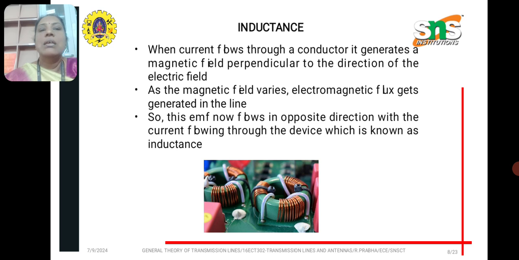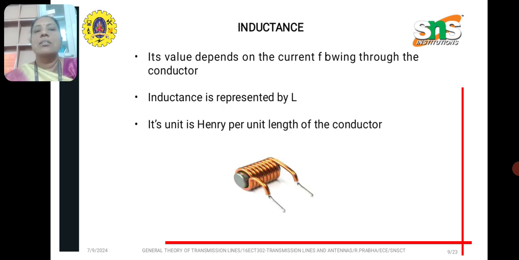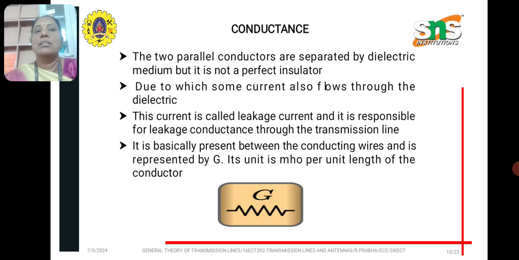So this EMF now flows in opposite direction with the current flowing through the device, and this gives rise to the phenomenon of inductance. The inductance value depends on the current flowing through the conductor, and it is represented by the letter L, and its unit is Henry per unit length of the conductor.